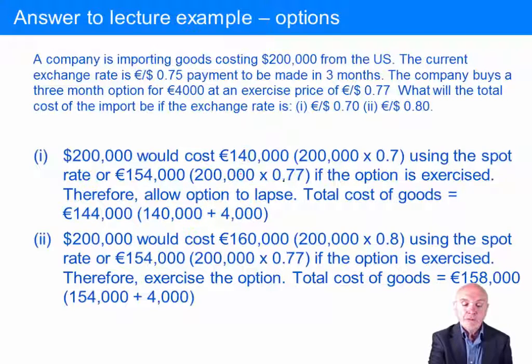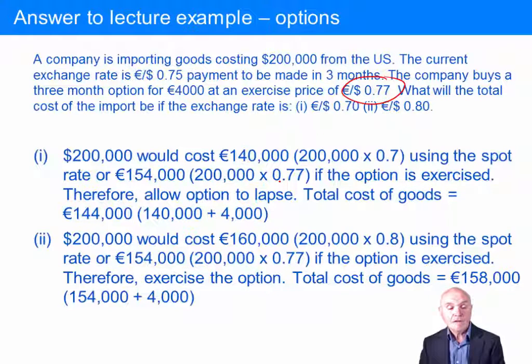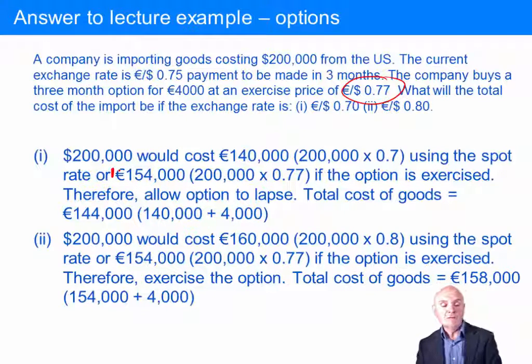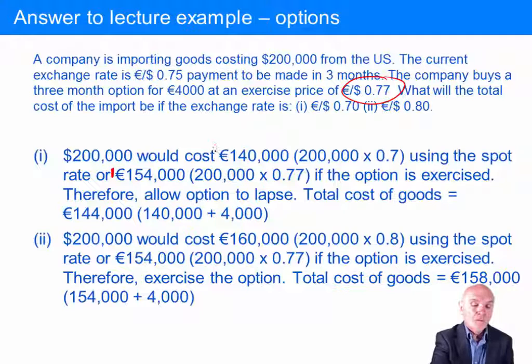If you were a bit odd about it and you insisted on using the forward rate, the forward rate is allowing you to change at 0.77, then $200,000 changed at 0.77 if the option is exercised. So basically you have a choice. You can either insist on fulfilling the option contract or you can let it lapse.